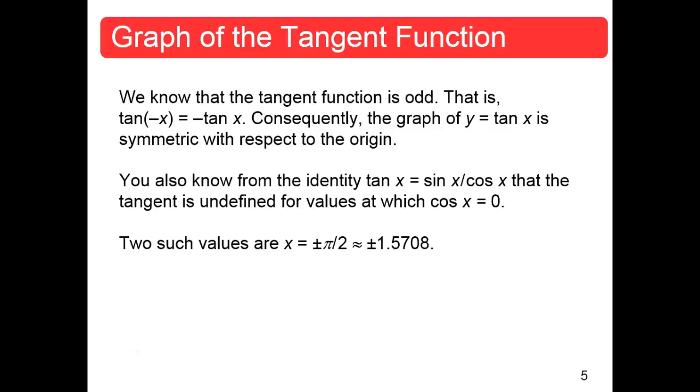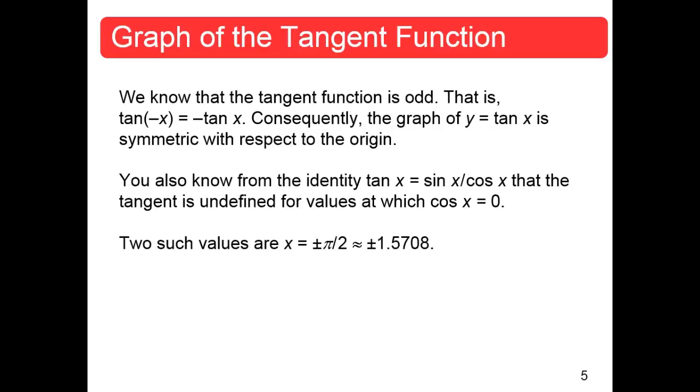If you're picturing that on the unit circle, cosine is your what? X or y? It's x. Cosine is x. And where is x 0? Not here, y is 0 here.